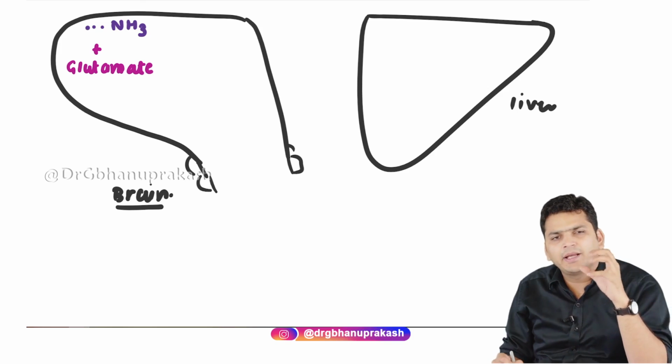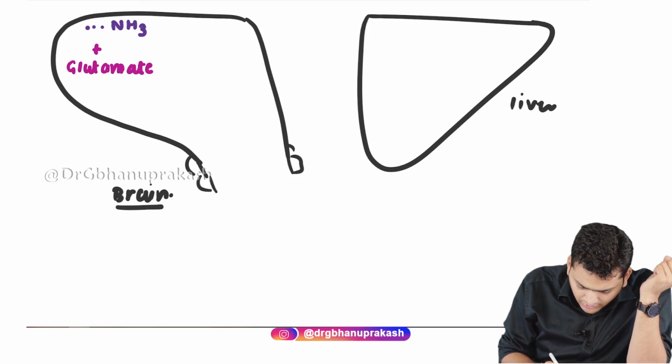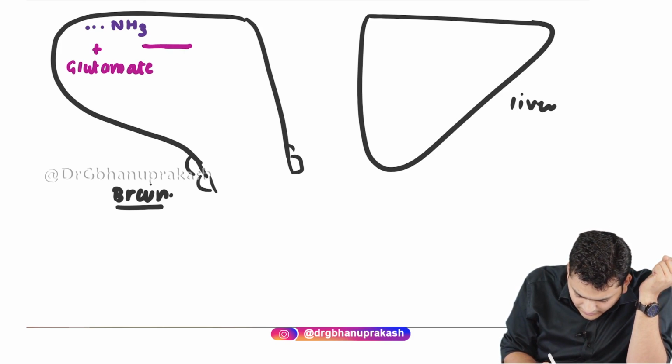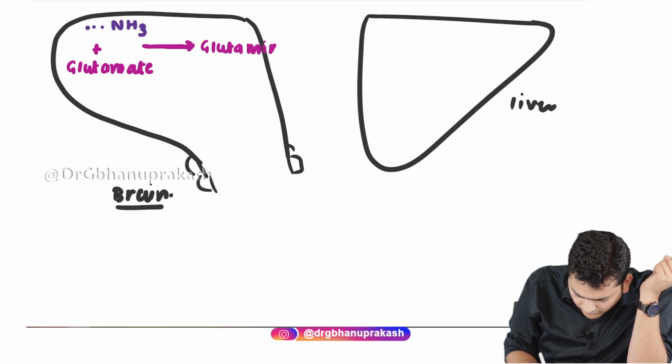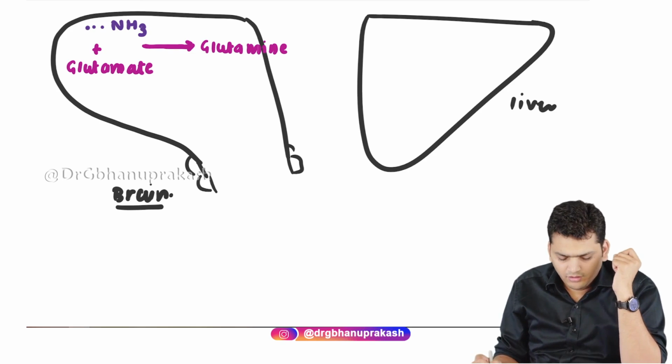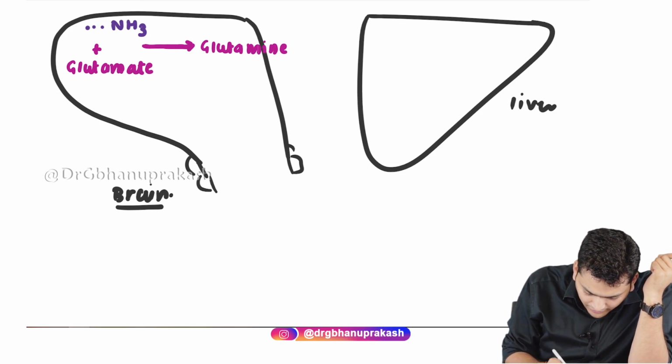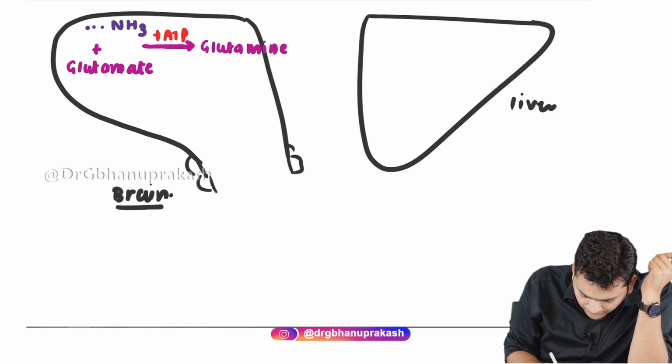This glutamate may combine with the ammonia molecule and make a molecule with the name of glutamine. When glutamine is made, we require energy. We require ATP for the synthesis of glutamine.